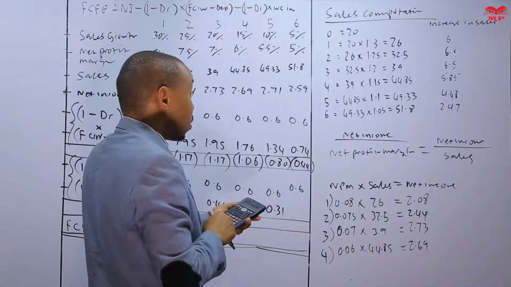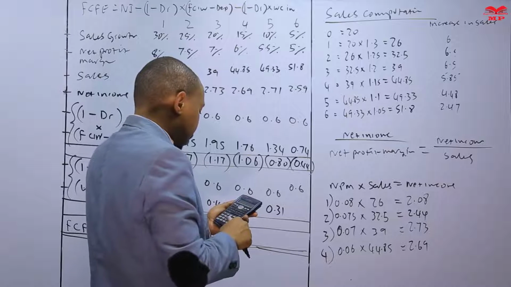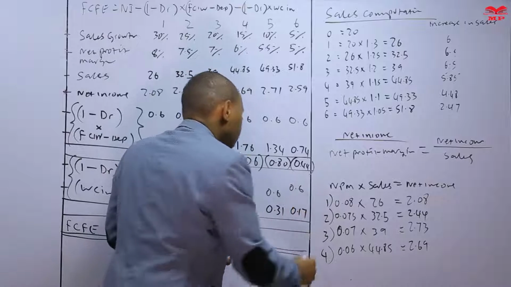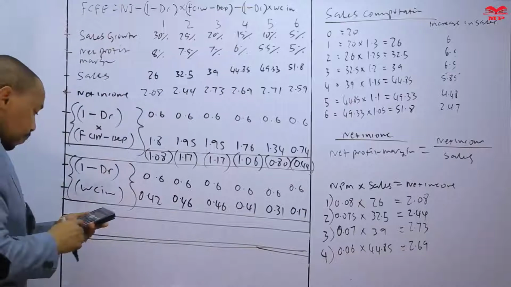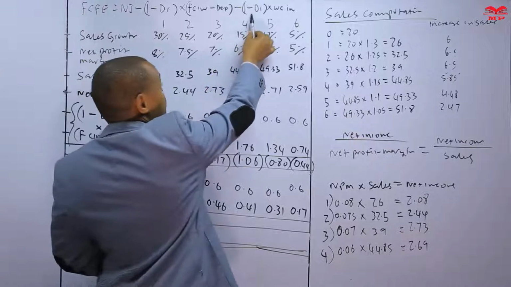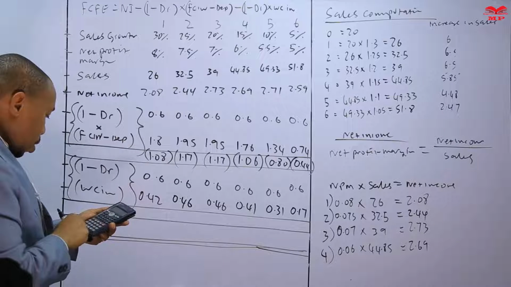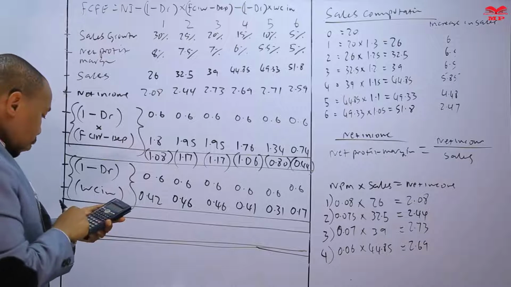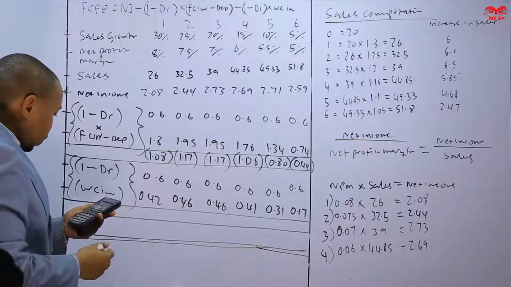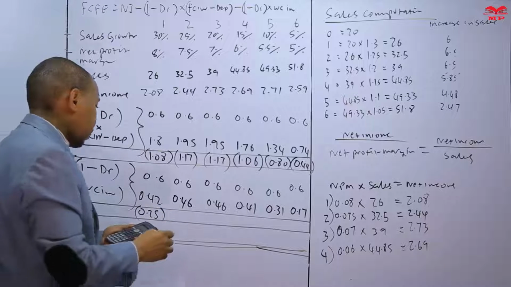0.07 times 2.47, 0.17. We get the product of that, because we are saying that these are in braces. So this times that, that's what we are doing by doing that computation. 0.6 multiplied by 0.42, 0.25 there.